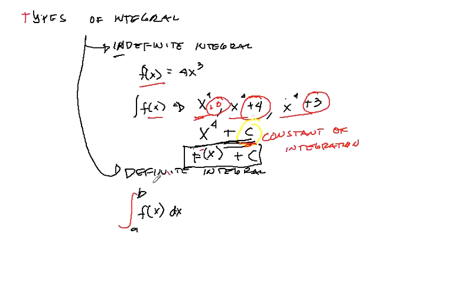So going back, we have the limits of integration. We have a and b. A is our lower limit, and b is our upper limit. On our next video, we will have some examples, and we will tackle more about the indefinite and definite integral. Don't you worry, we will discuss it furthermore in order for us to really appreciate the difference between the indefinite and definite integral.